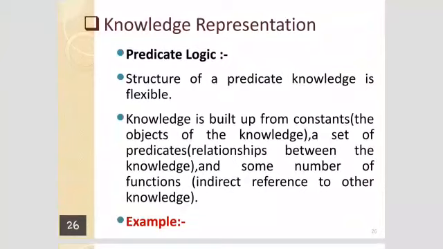Predicate logic is a weak filler structure that describes low level knowledge, and it is useful where declarative statements exist: sky is blue is one single argument, then two argument, three argument. These are a few examples of predicate logic.